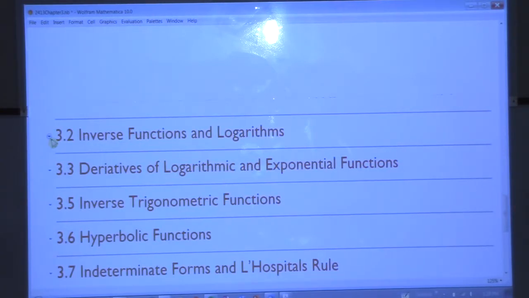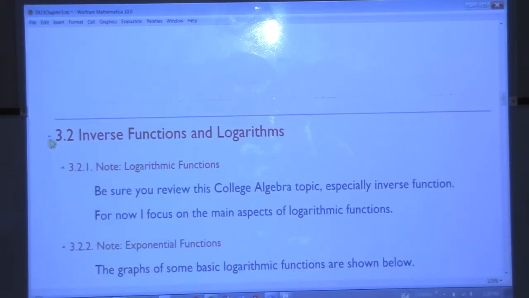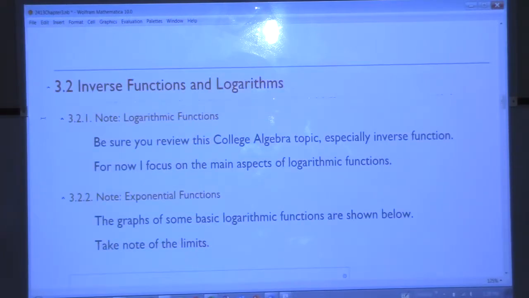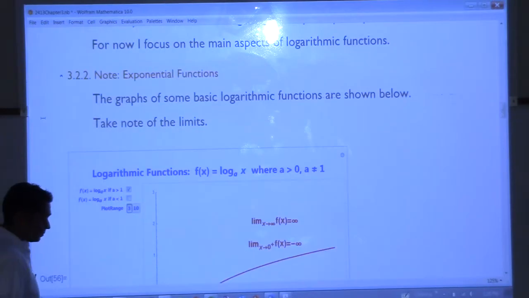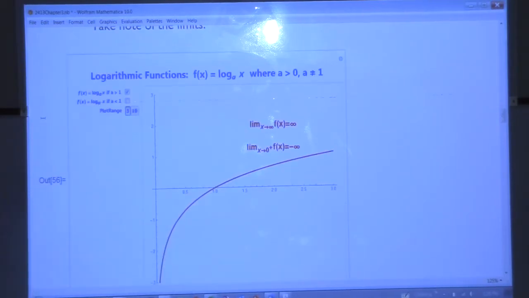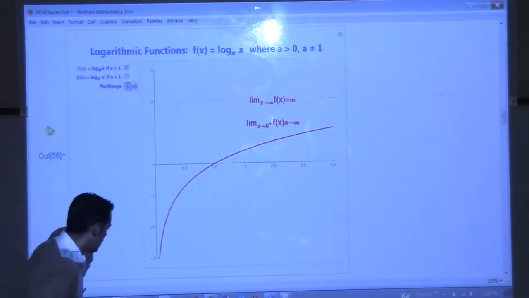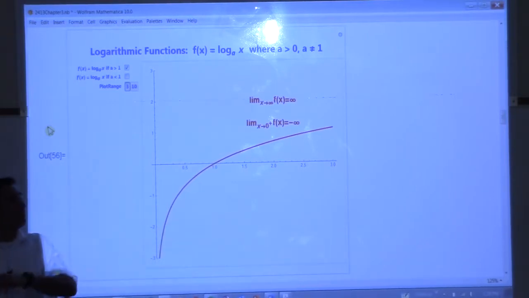Now, after exponential functions, you learn about logarithmic functions. Logarithmic functions have a very special property, and that is logarithmic functions are the inverses of the exponential functions.